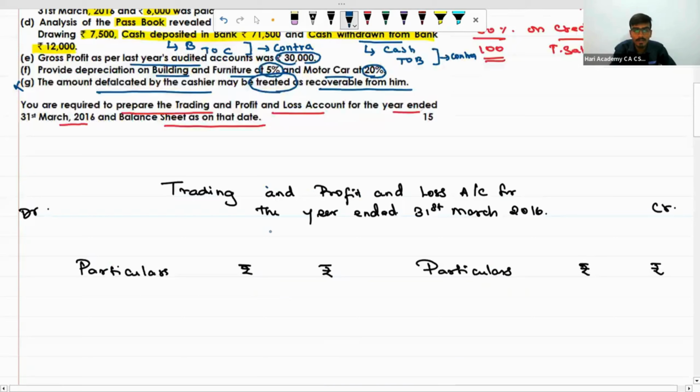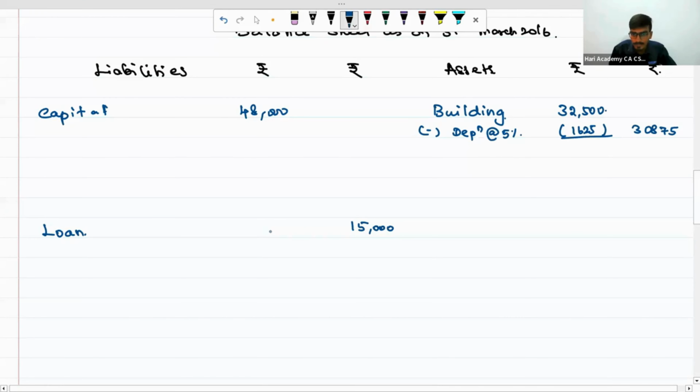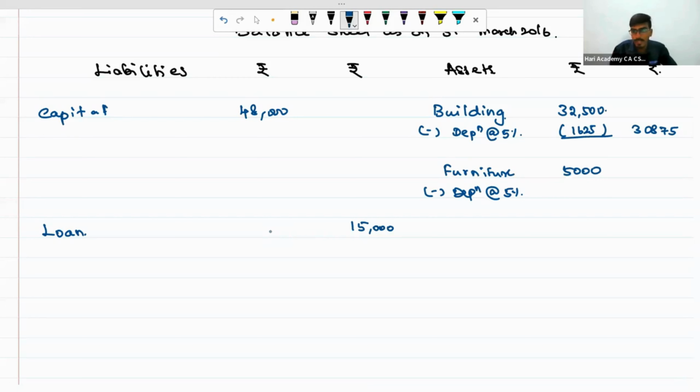Then go for furniture. What is the furniture value? They have given 5,000, less depreciation at 5%. So 5,000 on 5% is what? 250, minus equal to, you will get 4750.